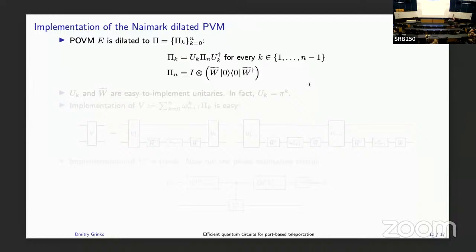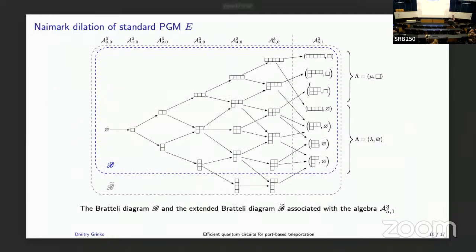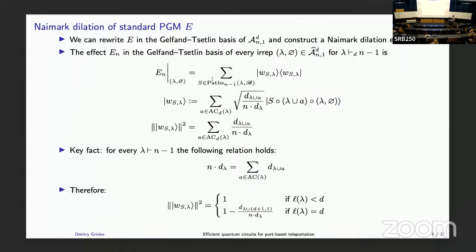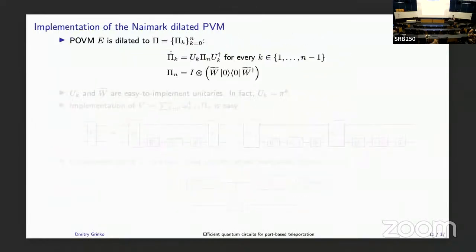So basically, now I explained how we can realize an IMARC dilation of this specific effect operator, which corresponds to the nth outcome. What we end up with is an IMARC dilated projective measurement pi.